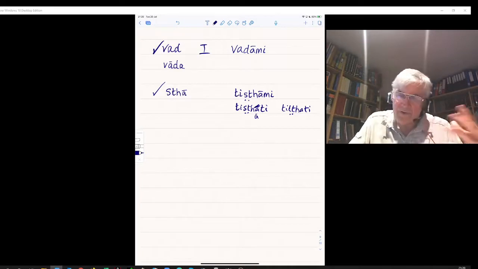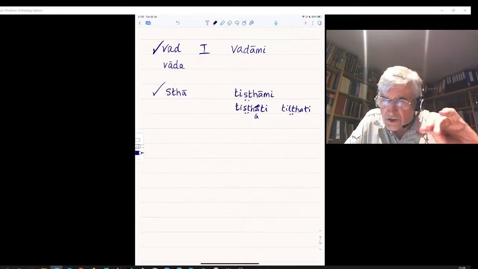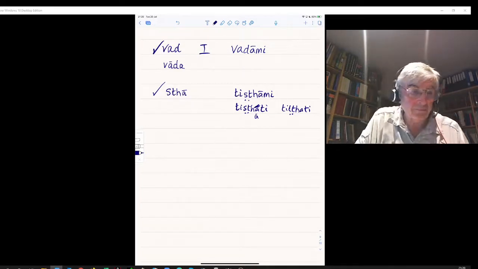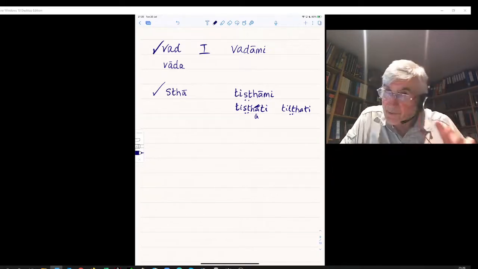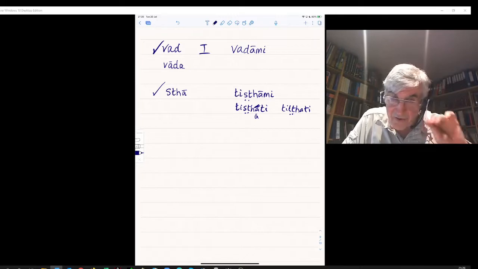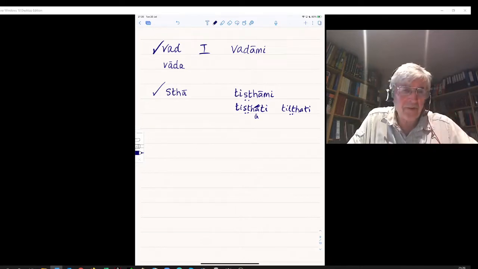Whereas in Sanskrit, there's a beautiful sequential logic to it. Maybe it's no accident that Indians tend to be so good at computers. You see this lovely sequential logic.